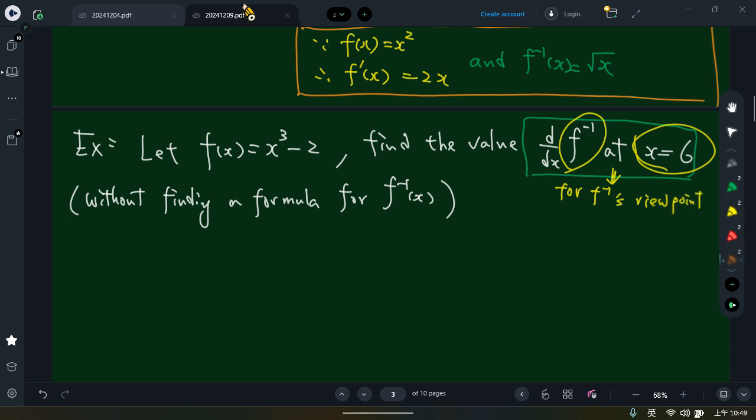But if we want to convert it from the f viewpoint, here will be y. So that means when f of x can be 6, what this x is.